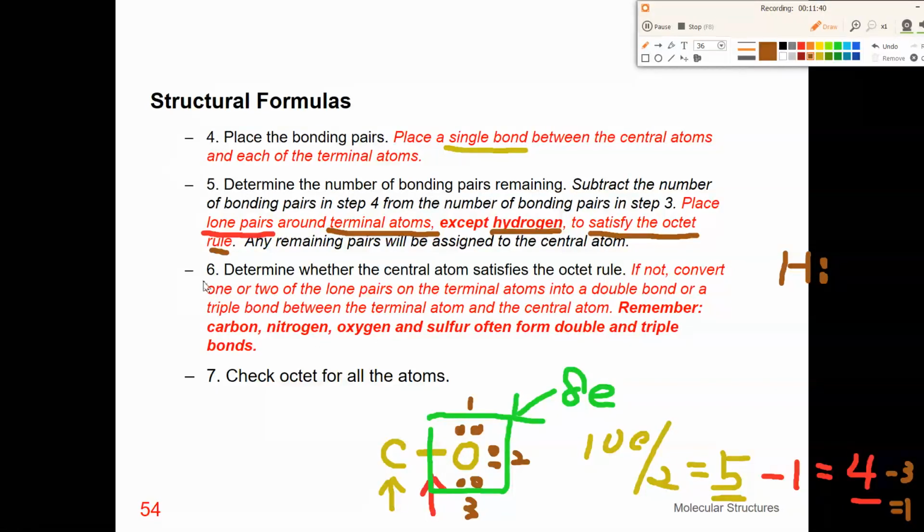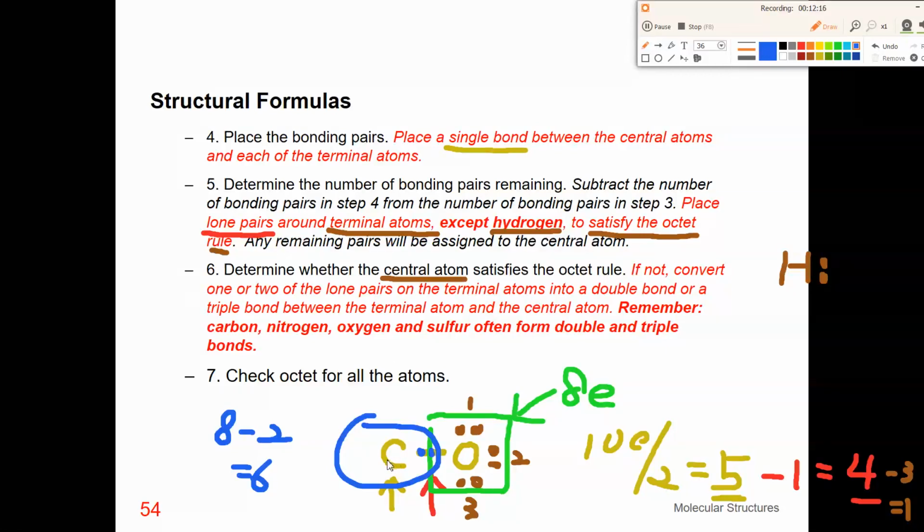And then step 6 deals with the central atom. Now we need to figure out if the central atom satisfies the octet rule. The central carbon only has 2 electrons here, a bonding pair. Carbon needs an octet, meaning 8, so it needs 6 extra electrons.